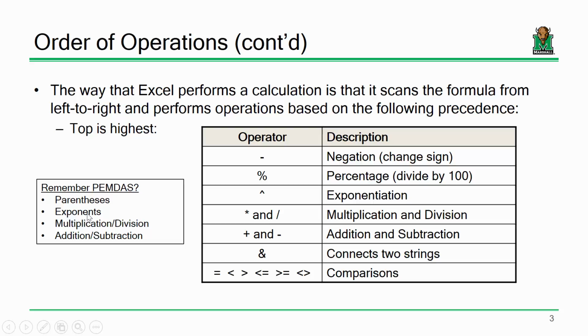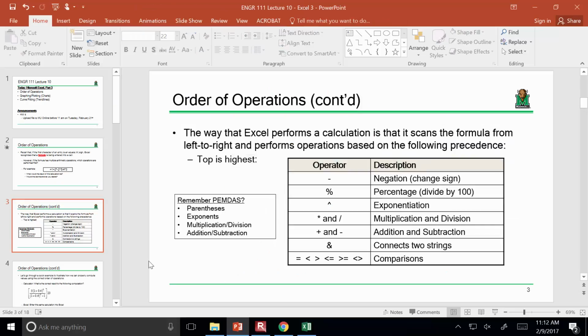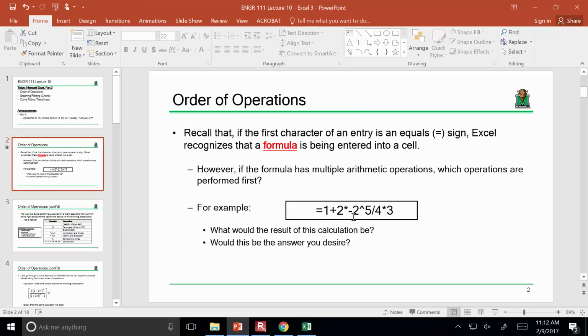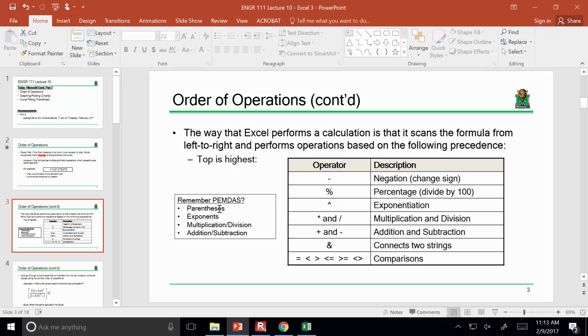It'll execute an exponent before it executes the multiplication and division. And so back to this example, what it was doing is executing 2 to the 5th power before it was doing the division. So it was seeing that as 2 to the 5th divided by 4, because the order of operations is that parentheses come first, then exponents, then multiplication, division, and then addition, subtraction.